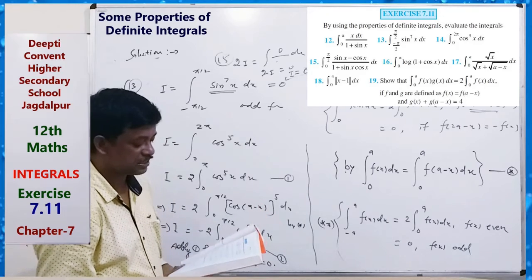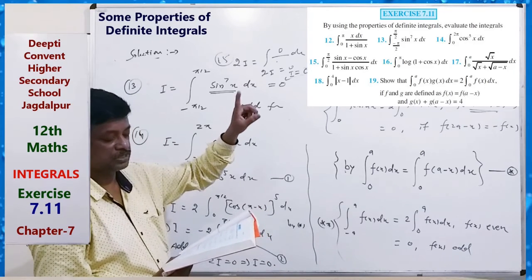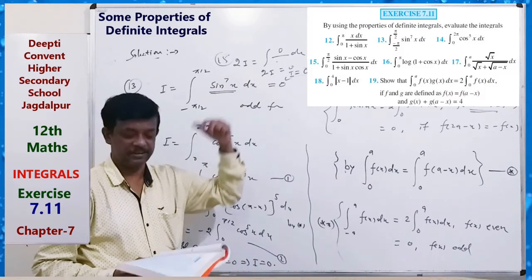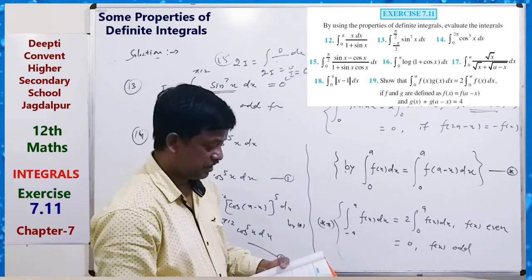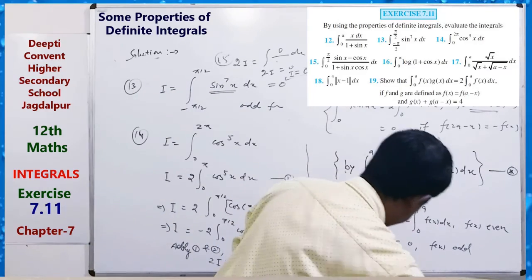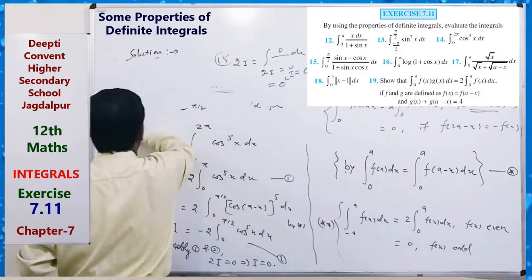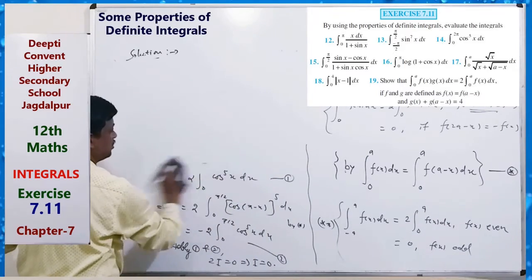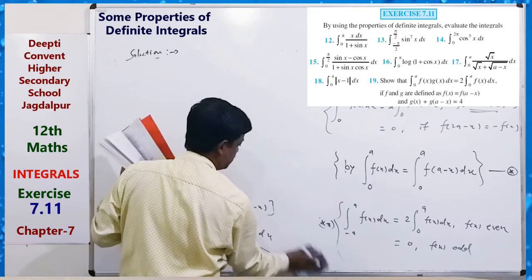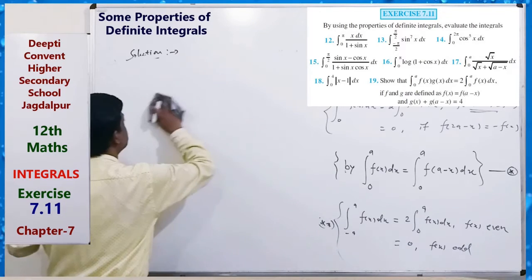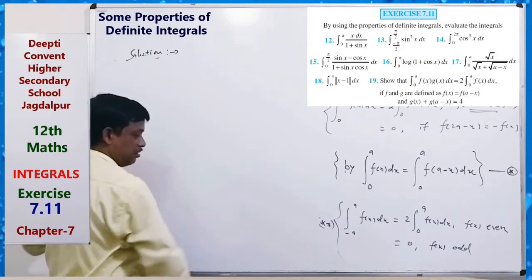Now question 16, the integral from 0 to π of log(1 + cos x) dx. Just solve it in a similar pattern to question 8. You have to do it in your copy, and see one of the questions from the examples, then you can solve it.